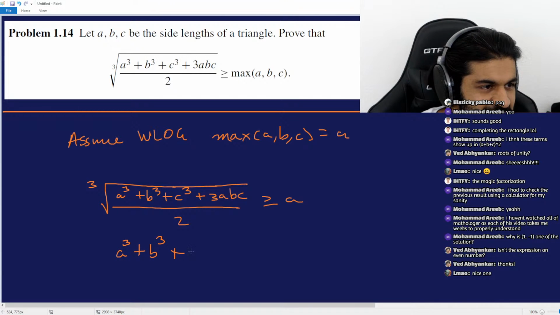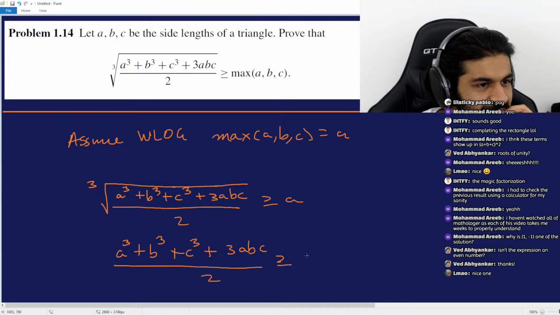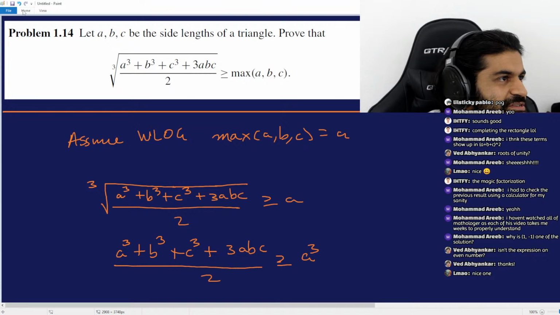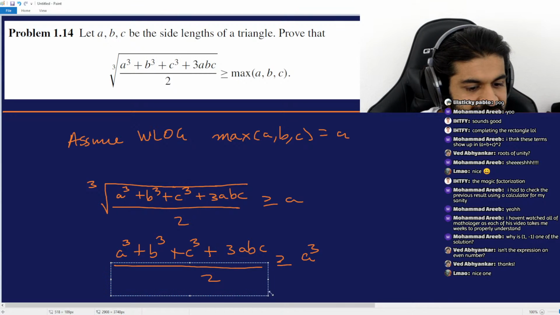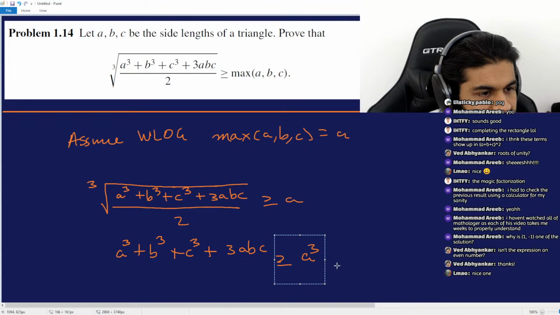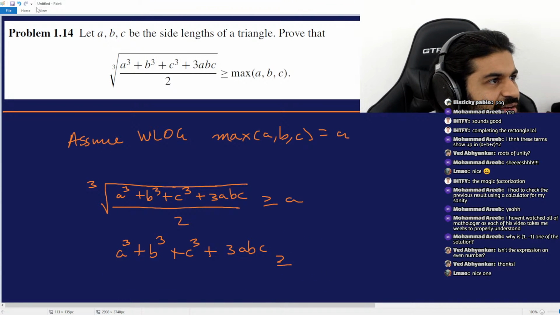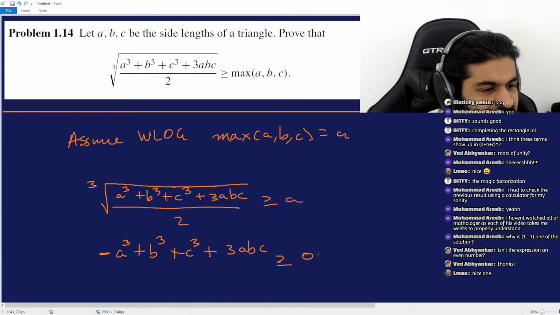So we would have a cubed plus b cubed plus c cubed plus 3abc over 2 greater than or equal to a cubed. So this is 2a cubed, right? So this just becomes a negative. This is greater than or equal to 0.